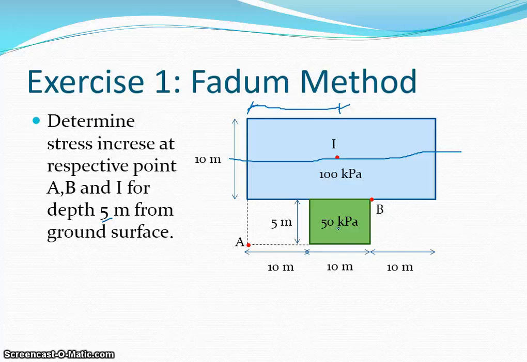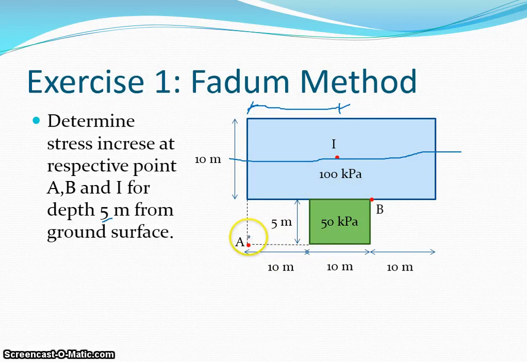From my point of view, A might be the easiest one because it is at the corner. However, the corner lies outside of the foundation. So how do you want to define A?